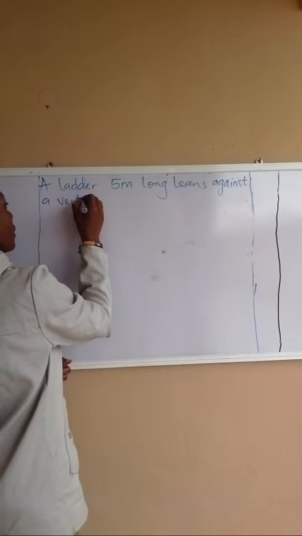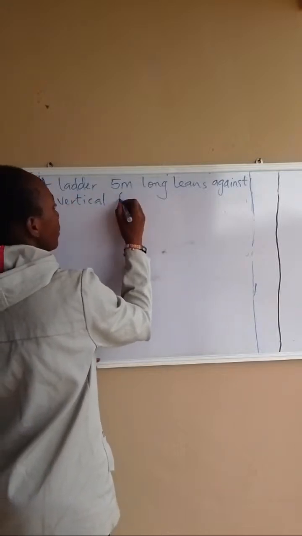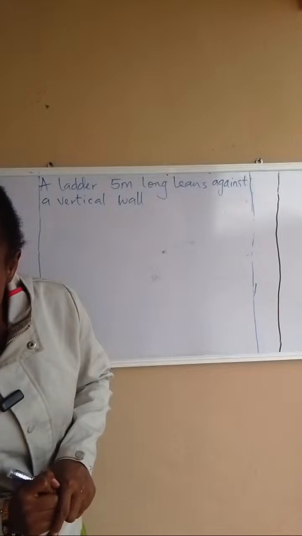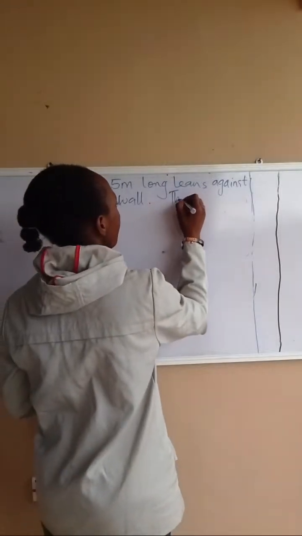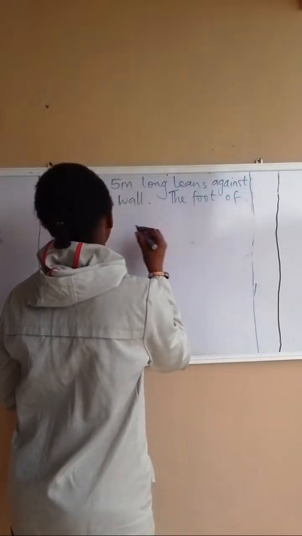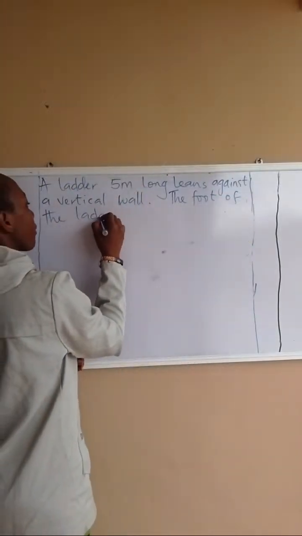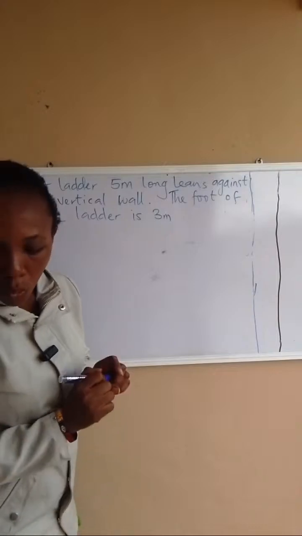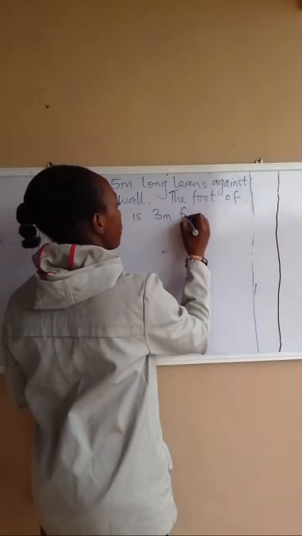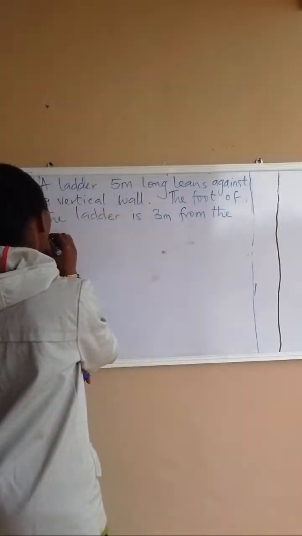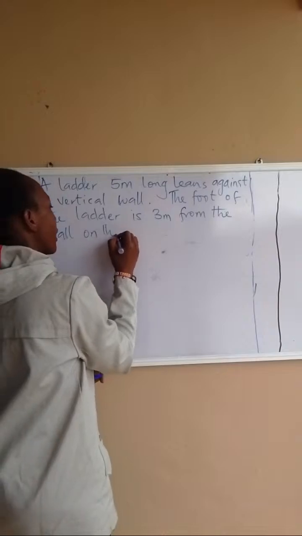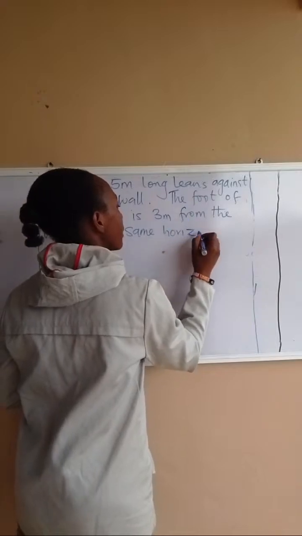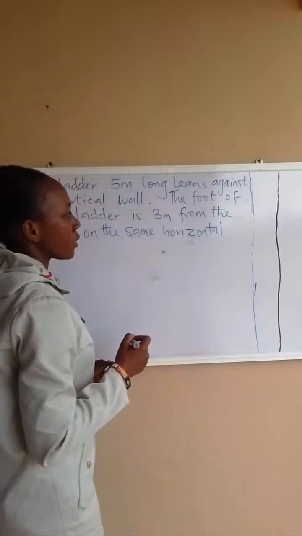The foot of the ladder is 3 meters from the wall on the same horizontal ground.